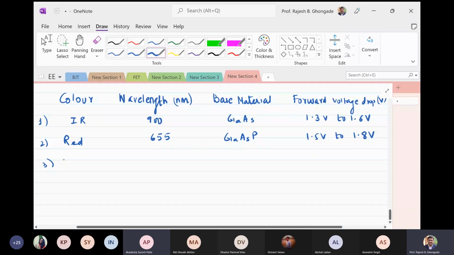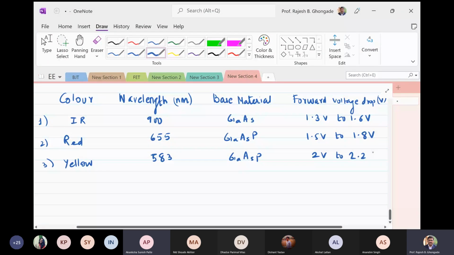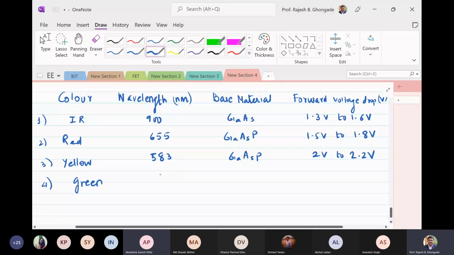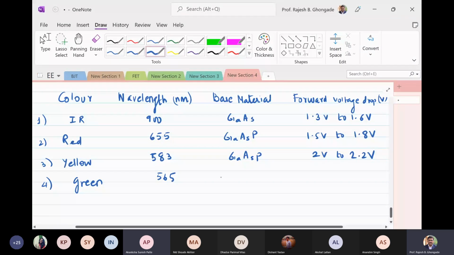Then yellow, with a drop of about 2 volts to 2.2 volts. Green, 565 nanometers, GaP, again 2.2 volts to 2.4 volts.